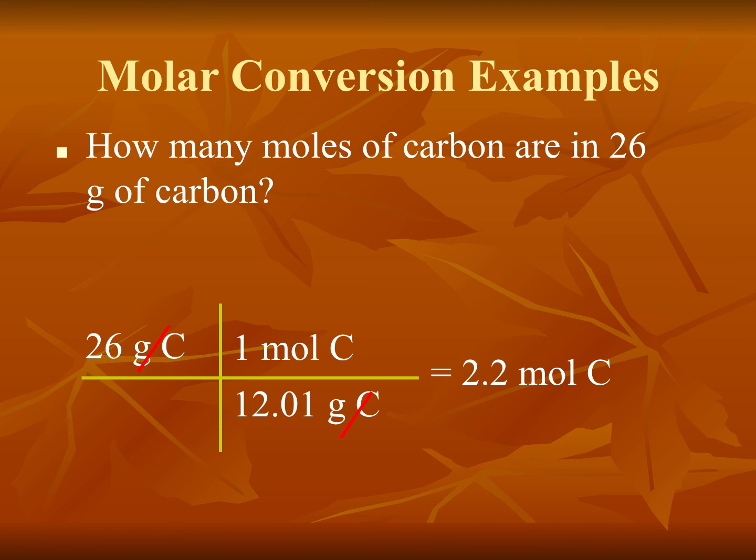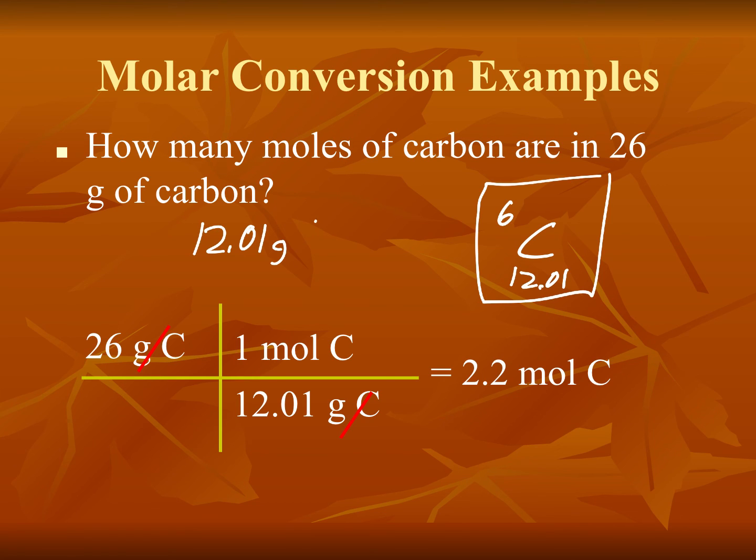If you were to look at the periodic table, you would see carbon, element number 6, has 12.01 mass, right? That's what it looks like on its little block on the periodic table. If you remember, that mass is really the amount of grams per mole, right? So that means if it's grams per mole, we could easily say that 12.01 grams of carbon is equal to 1 mole of carbon.